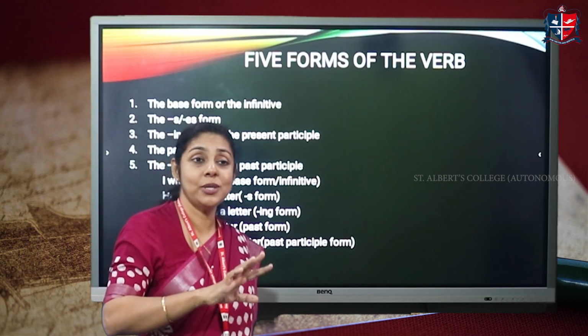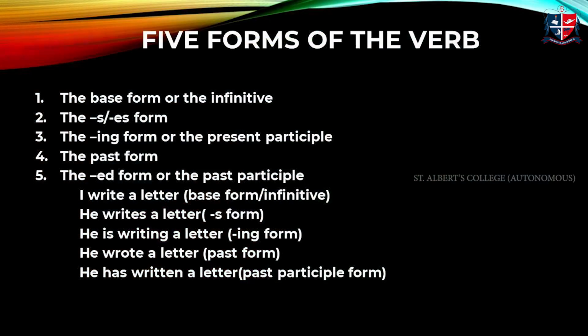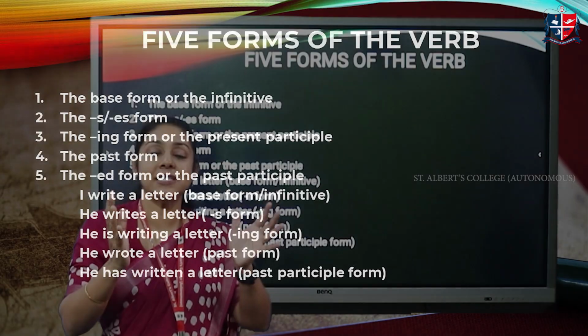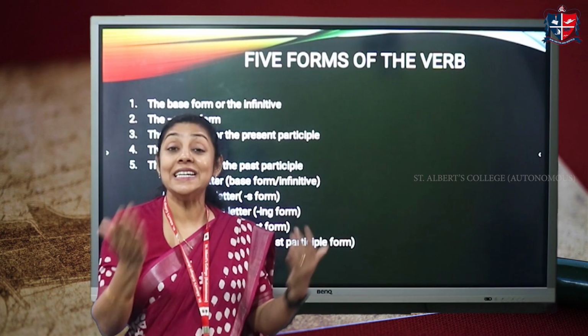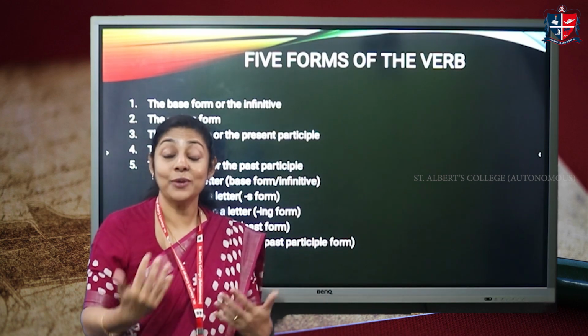So you have understood that for certain verbs, we have the past tense in the ed form, the past participle also in the ed form. Whereas for certain other verbs, we have the past tense in a different form altogether. Write, wrote, sing, sang, right?